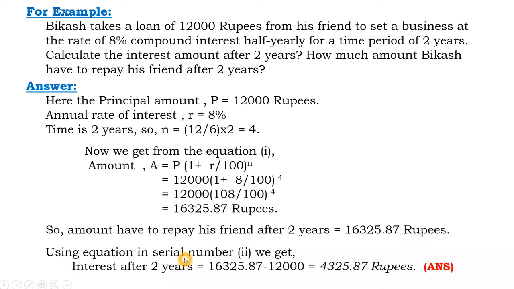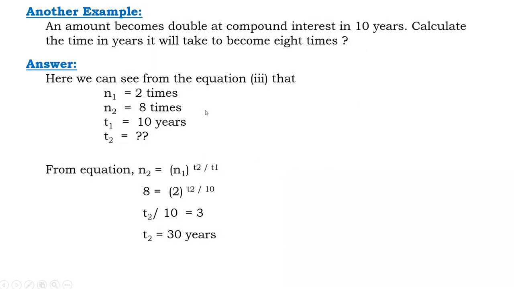Using equation 2, we get the interest after 2 years. This is the total amount including compound interest, so deducting the principal value, we get only the interest for 2 years, that is 4,325.87 rupees.